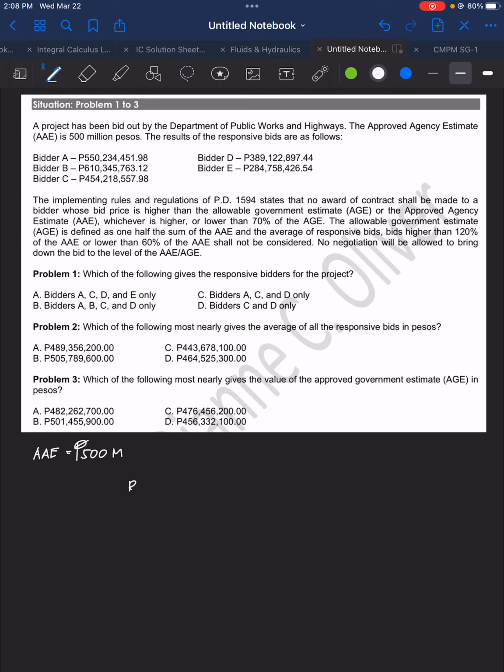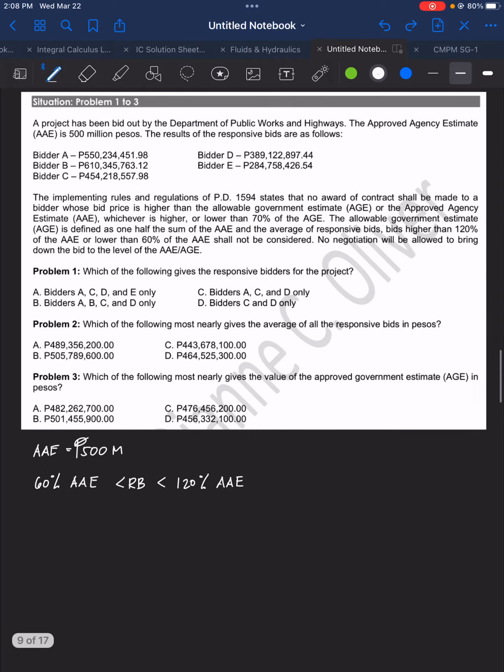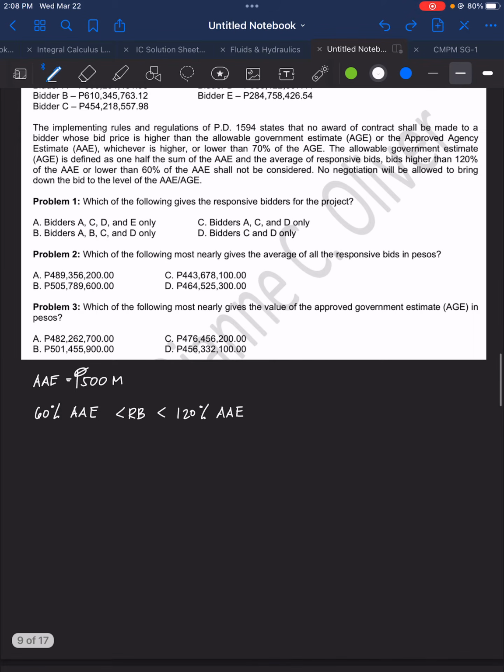So a responsive bid is less than 120% of the AAE and greater than 60% of the AAE. So what do these two signify? The 60% and the 120% signify the limit for the bid. Meaning, this is the minimum bid and this is the maximum bid. So for the maximum bid, we have here 120% of AAE. So what is 120% of 500?